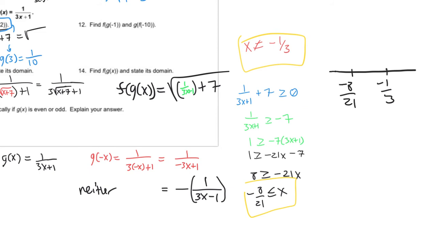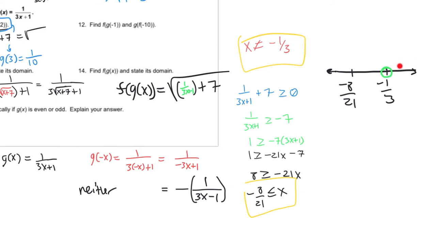We're going to make it nice and spaced out like that, so we can see what we're working with. It's definitely not negative 1/3. There's a big gaping hole there because we know for a fact that x cannot be equal to negative 1/3.